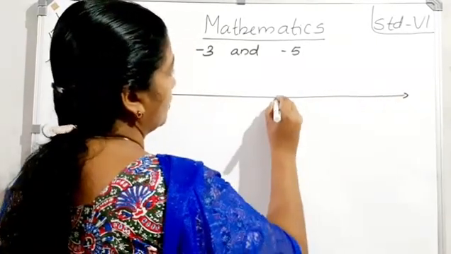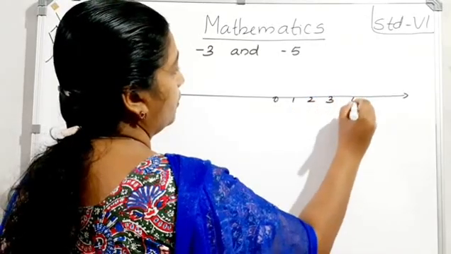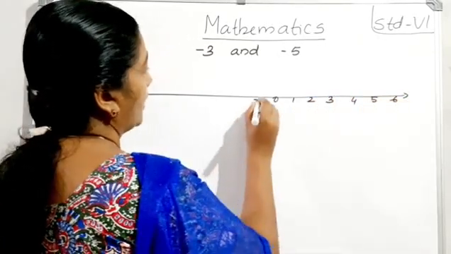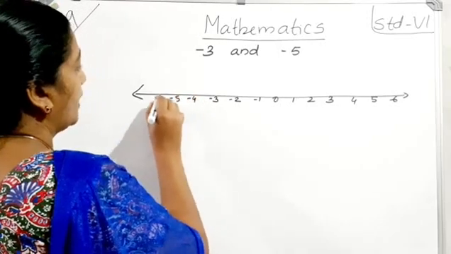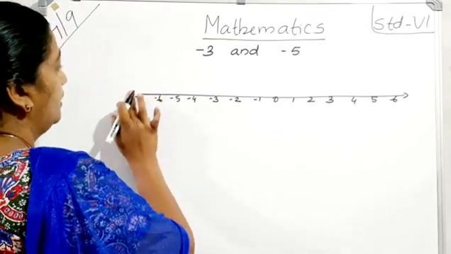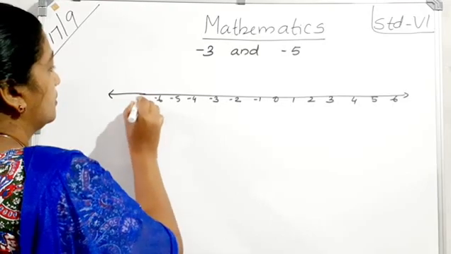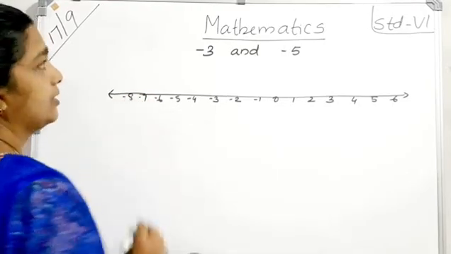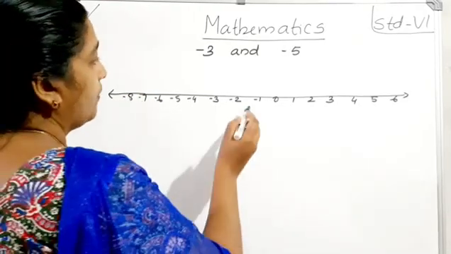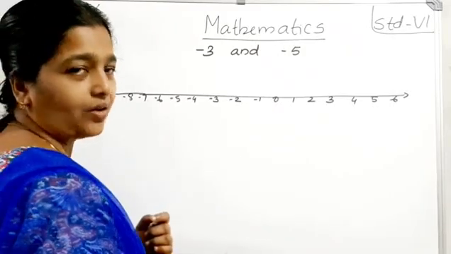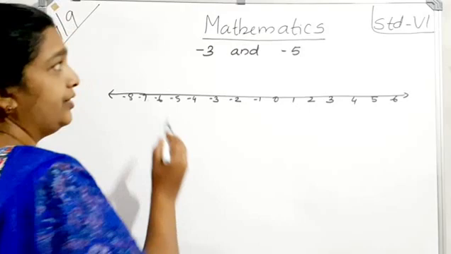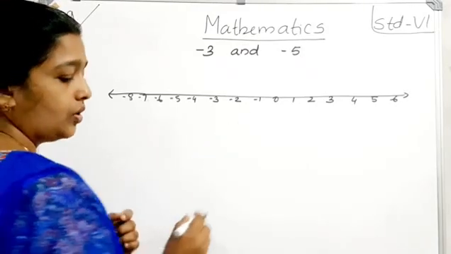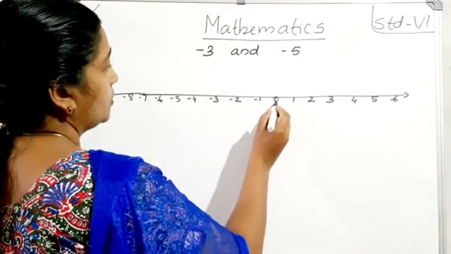Listen. 0, 1, 2, 3, 4, 5, 6, minus 1, minus 2, minus 3, minus 4, minus 5, minus 6, minus 7, minus 8. Understand? Yes. So first we start from where? 0. Then 3 divisions, negative symbol. So negative integers. Clear?